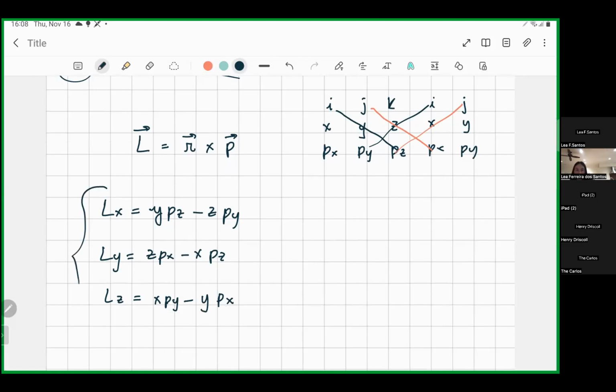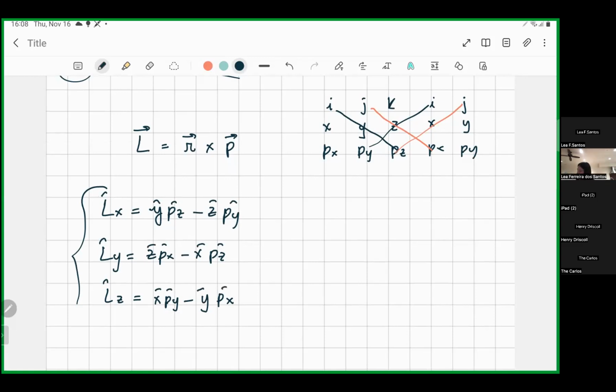This is classical. What is going to change now in the quantum domain is that now the things will be operators. So if you want, we can even put the hats here, and these will all be operators, as we've been doing so far.